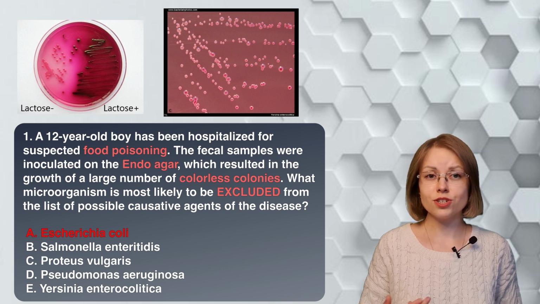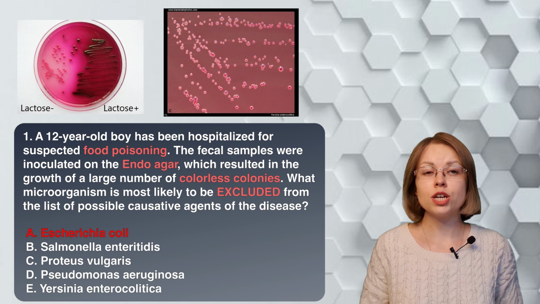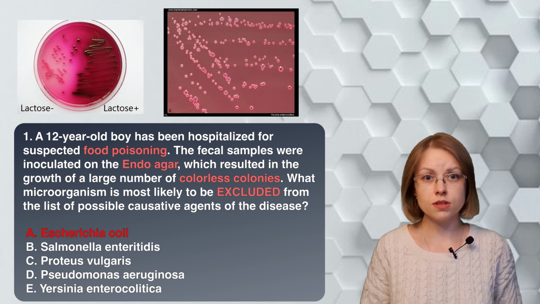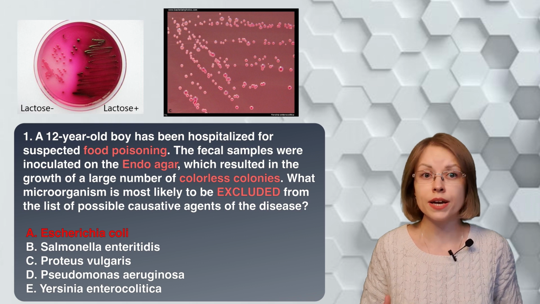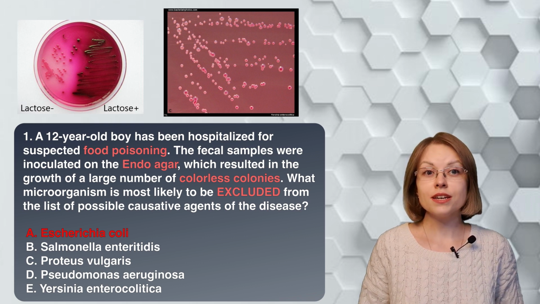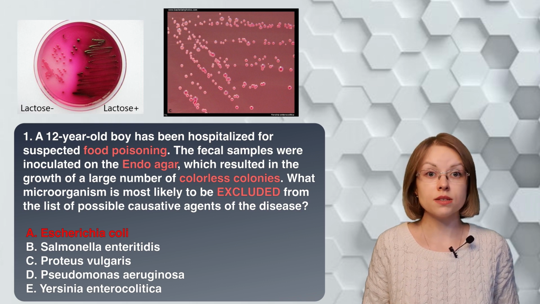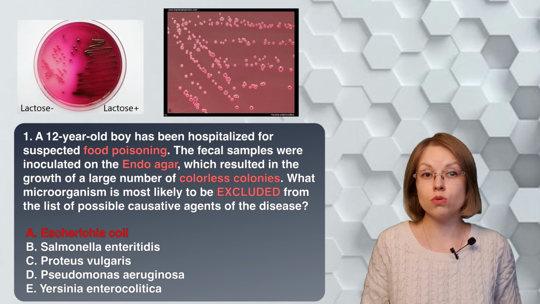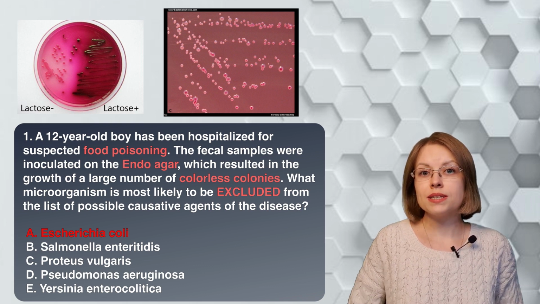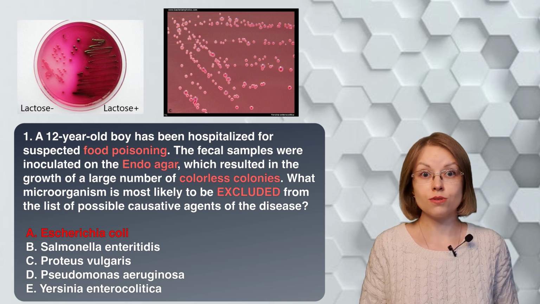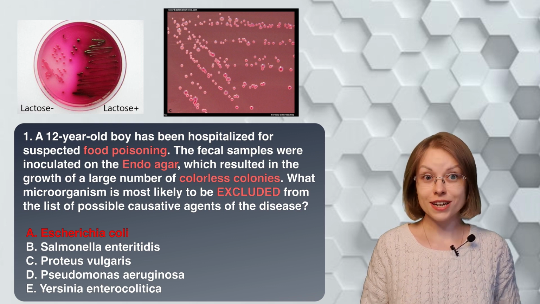So these Escherichia coli are subject to mandatory monitoring both in aquatic ecosystems and in other habitats. Under the keywords foodborne toxicity, we can exclude Proteus vulgaris and Pseudomonas aeruginosa, as they aren't typical representatives of these infections. Therefore, the correct answer is A, Escherichia coli.